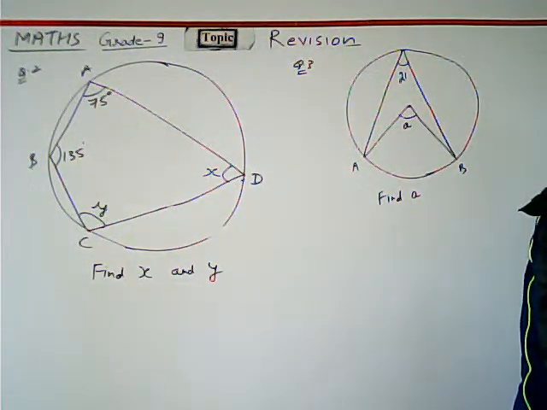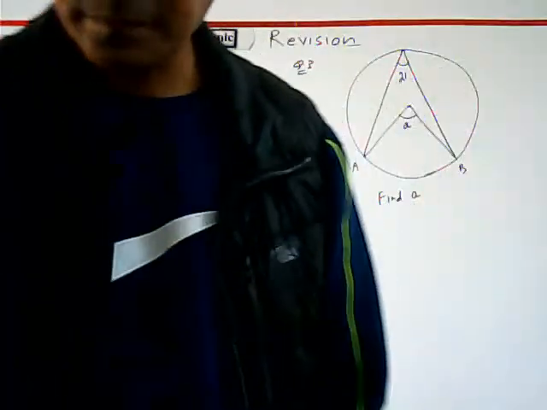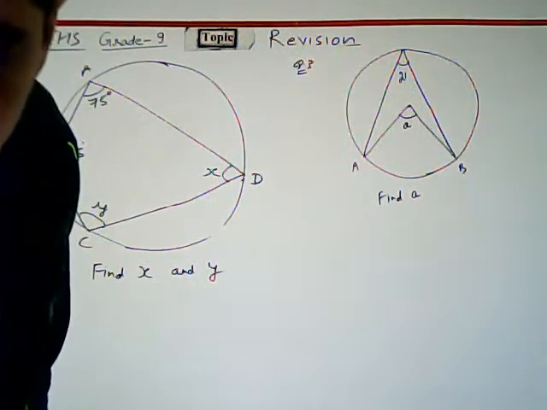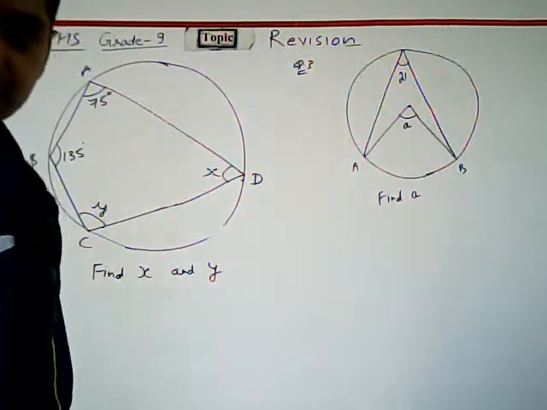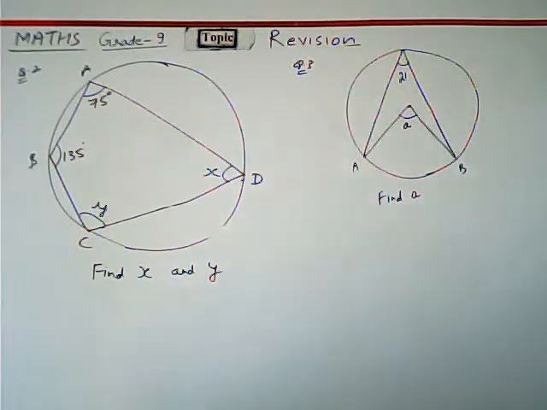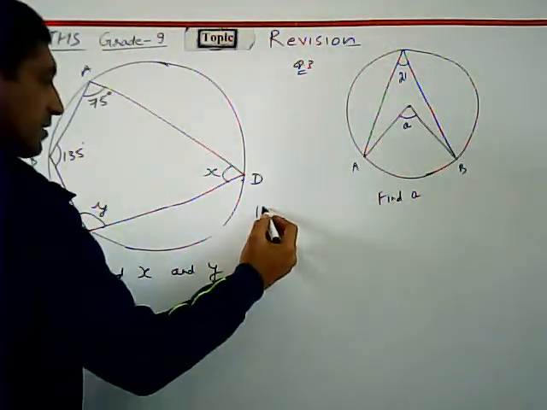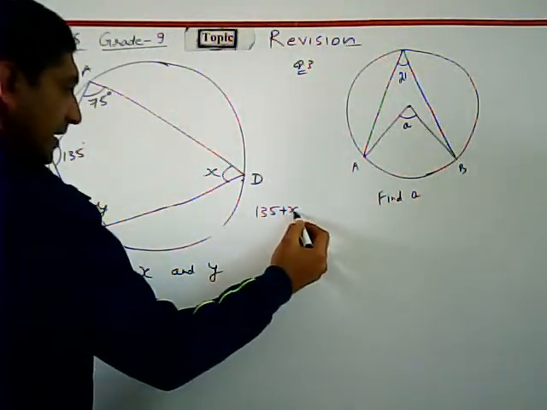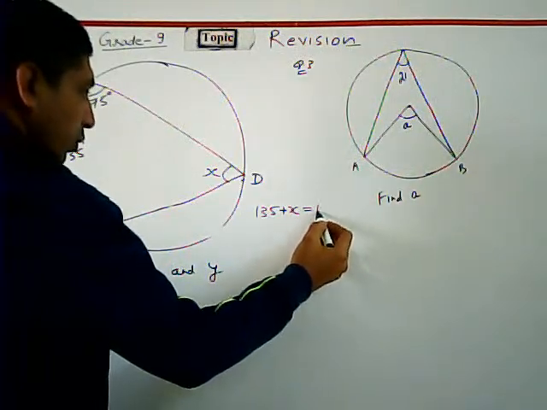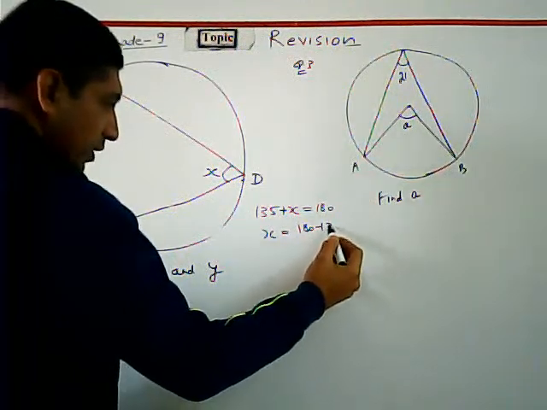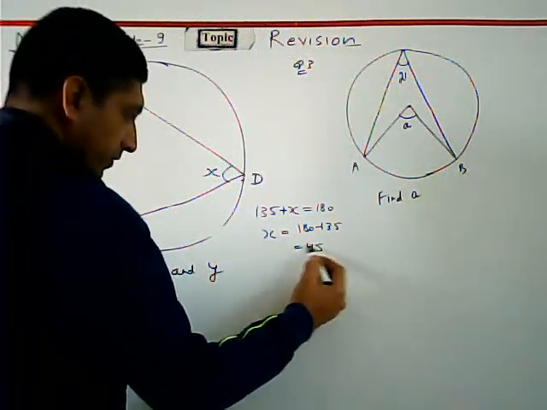So we know that ABCD is a cyclic quadrilateral. So we know 135 plus x is equal to 180, so x is equal to 180 minus 135, which is equal to 45 degrees.